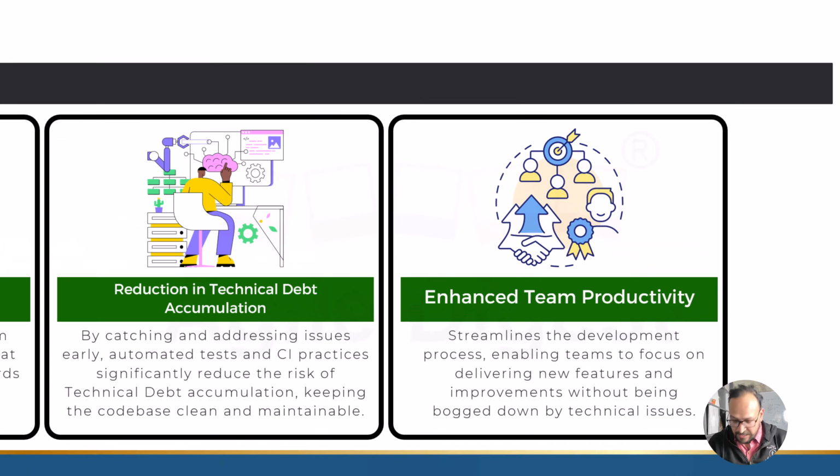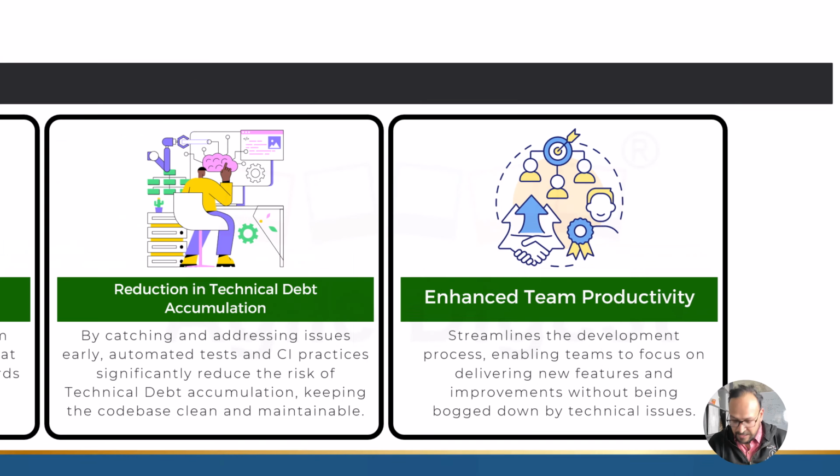Software development nowadays is going very fast, right? And maintaining the health of our code in this situation is paramount. Automated tests and continuous integration stand as twin pillars, supporting our endeavors to keep technical debt at bay.